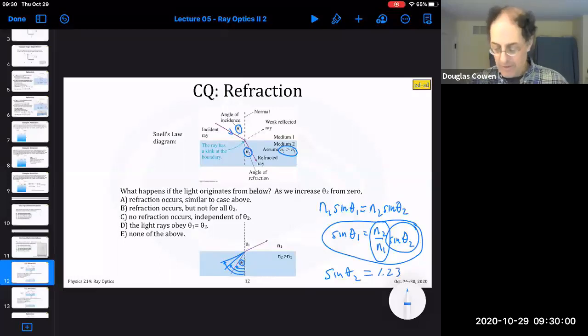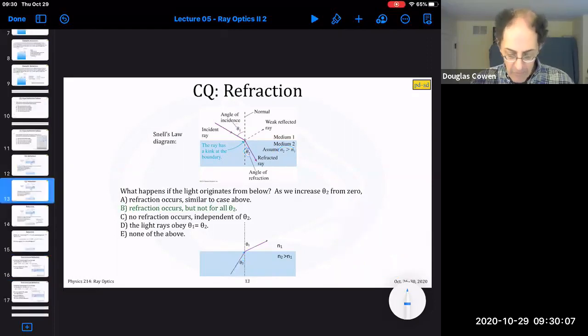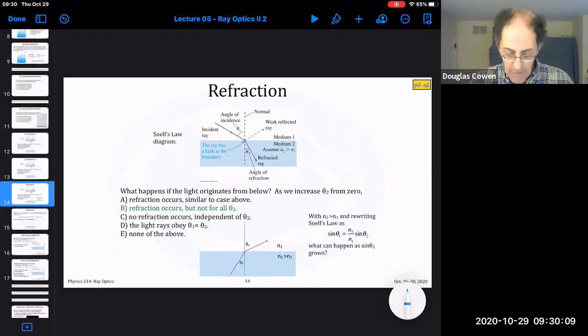And that clearly cannot work. That is mathematically impossible. So when we get to a large enough theta 2, we run into the case that Snell's law sort of breaks down, or maybe a better way of putting it is Snell's law is telling us something else must be happening.